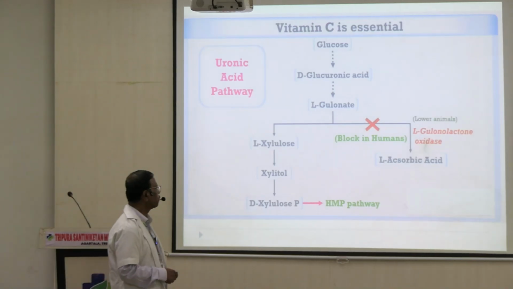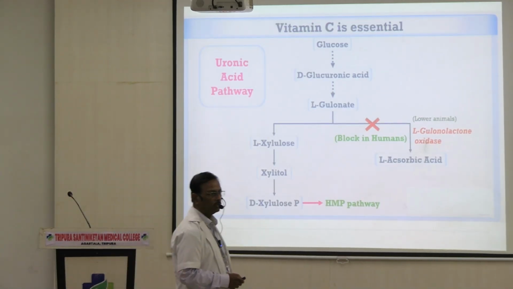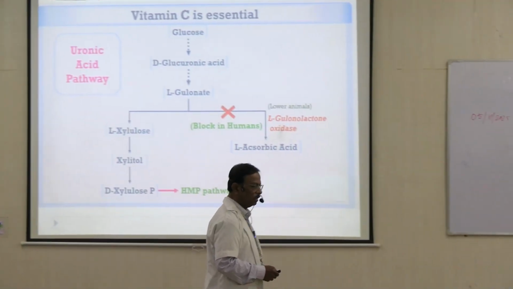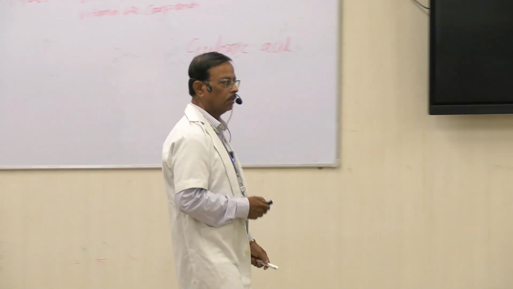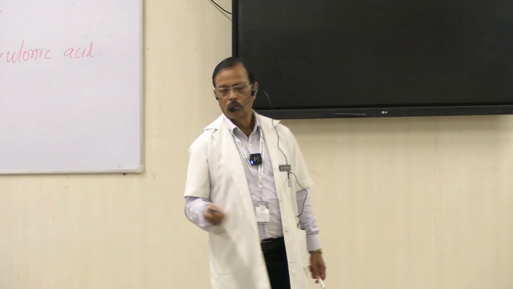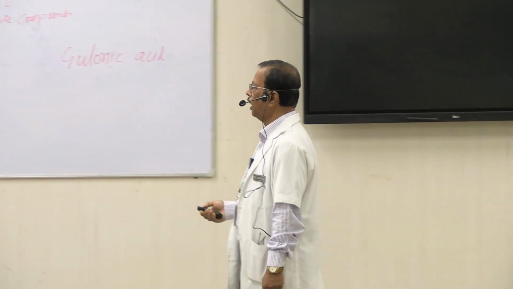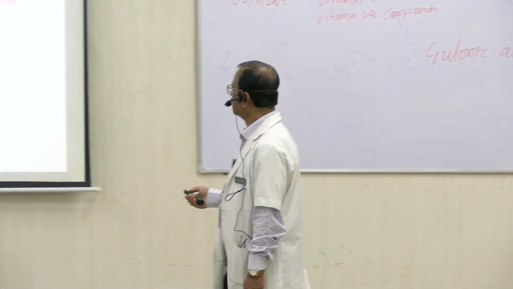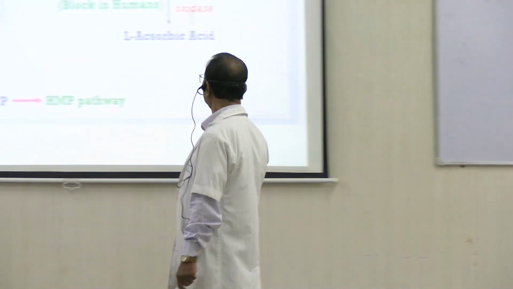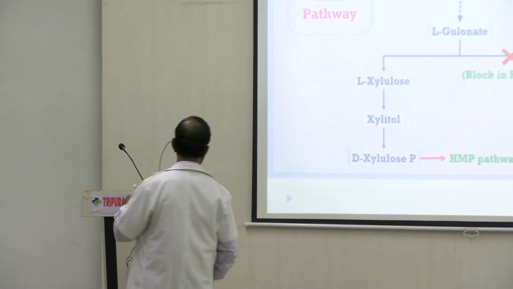Higher primates and humans cannot synthesize ascorbic acid in their body. Explain why. There will be a question. So remember the enzyme. You have to mention the name of the enzyme, and it is absent in human beings and higher primates. That's why they cannot synthesize it, and in lower animals it is present, so they can synthesize ascorbic acid.